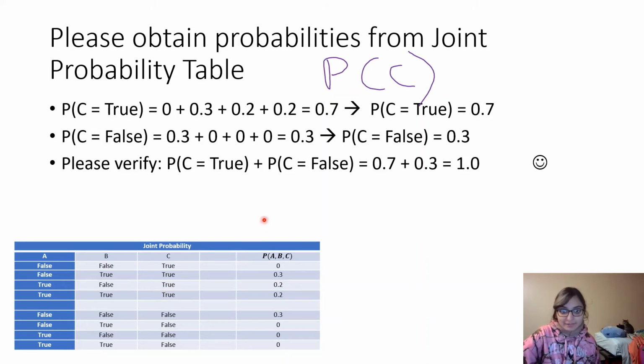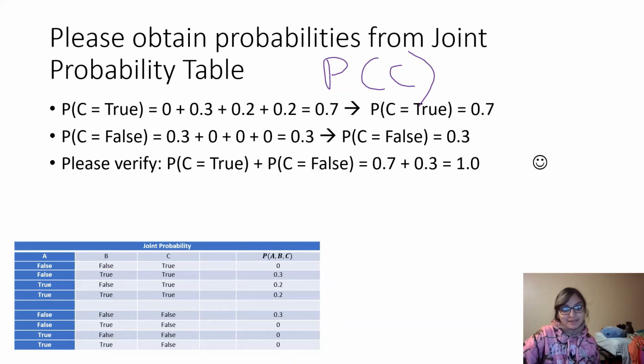To find the probability C is true, I just have to add all these respective values when C is true, these four outcomes. So that's 0 plus 0.3 plus 0.2 plus 0.2, and that is 0.7. So the probability that C is true is 0.7.